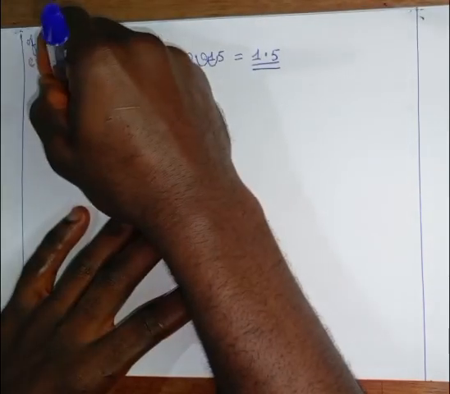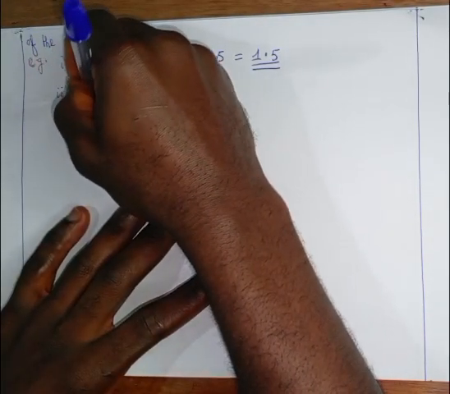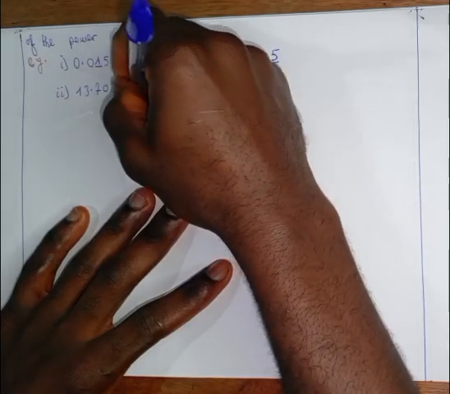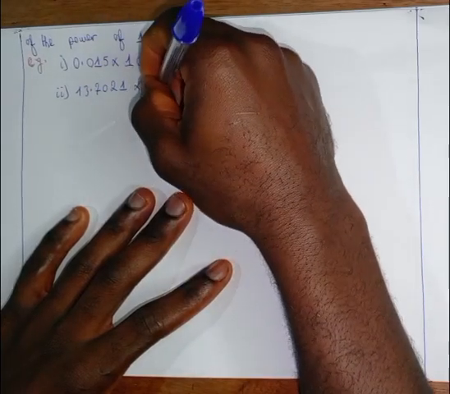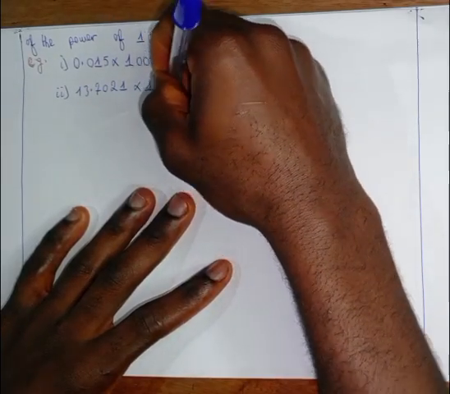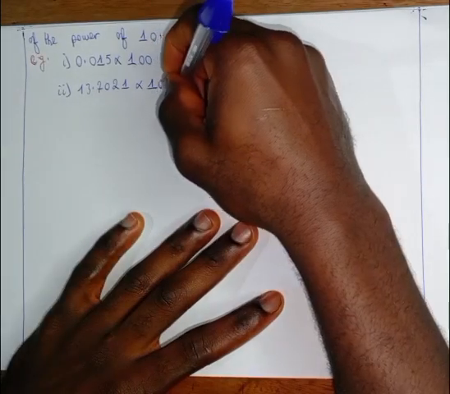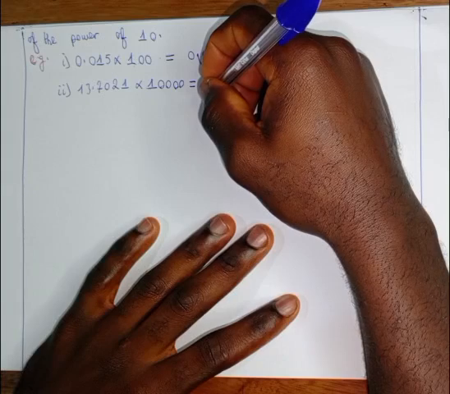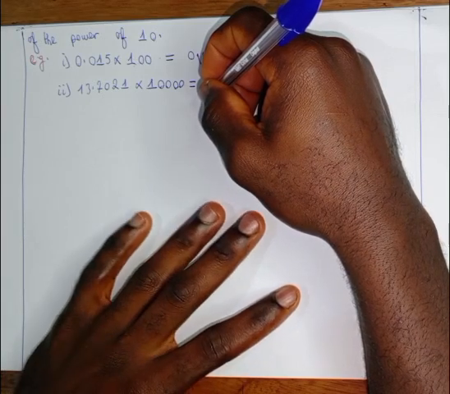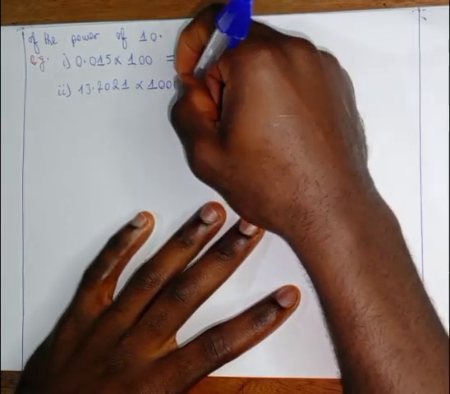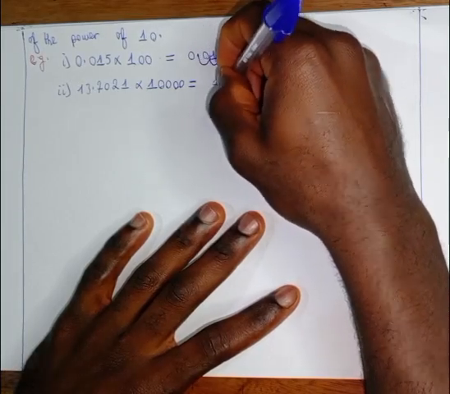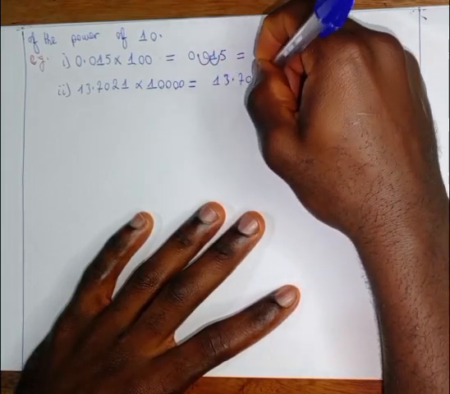Now to 2i, we have 13.7021 times 10,000. We are going to write down the number 13.7021.